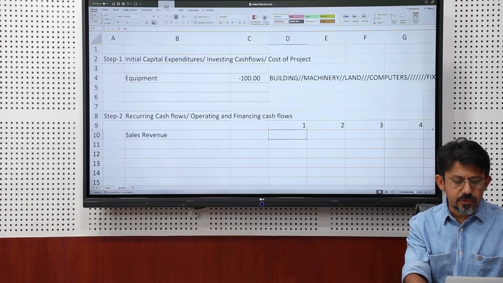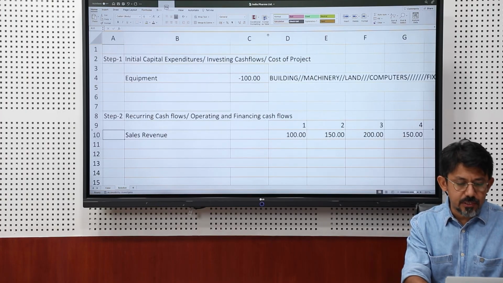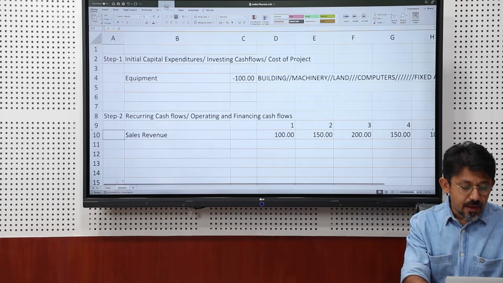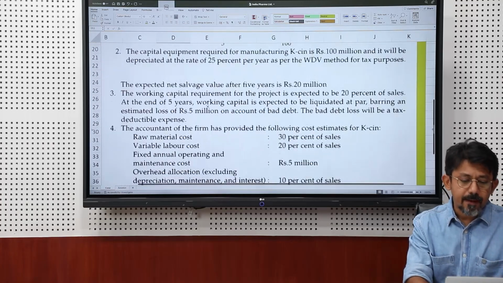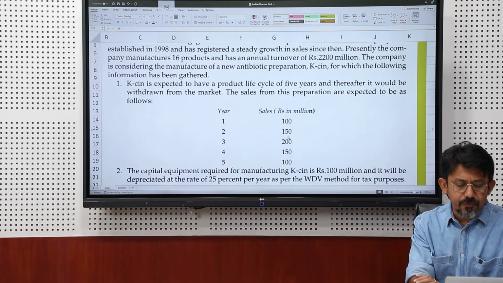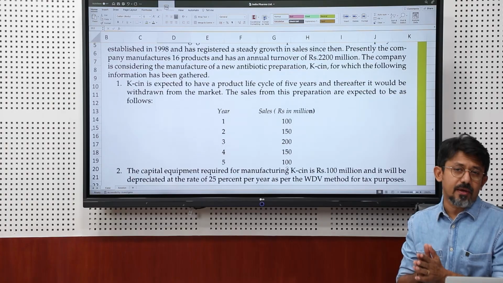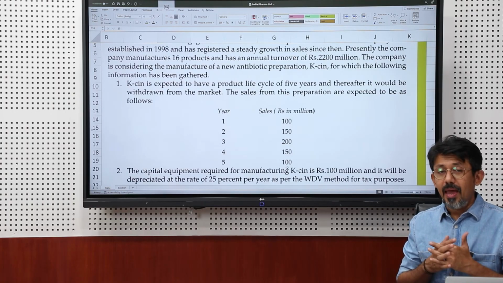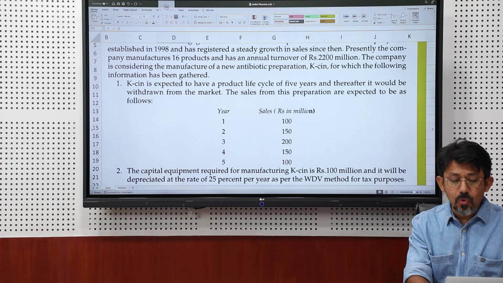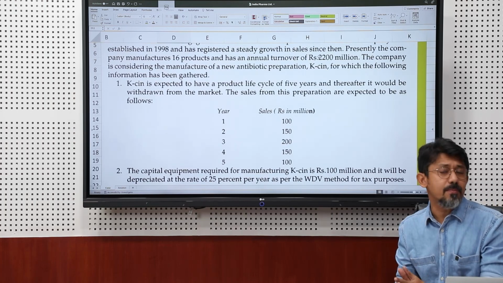Now, this sales revenue is given to you as 100, 150, 200, 150 and 100 million. I did happen to mention this when I was reading the case, but I would want to reiterate this. These are sales specific to KSIN. I ignored 2200 million over here, which is the sale from the existing product.